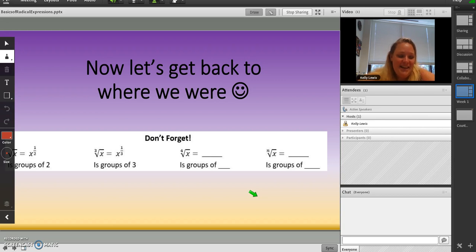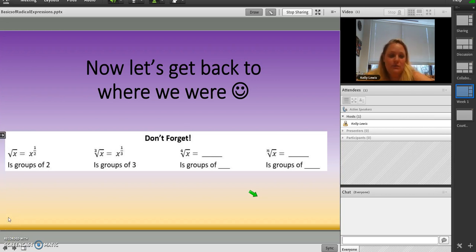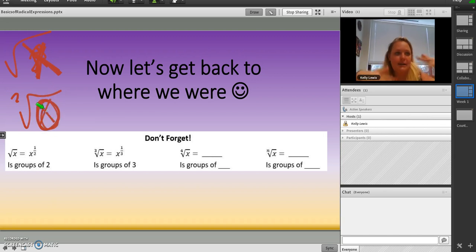All right, and let's go back a little to what we were doing before complex numbers. So square root, no, let's pretend that's an x. Remember there's an invisible 2 there for whatever's in here. It doesn't have to be an x, it could be a 16, a 27, an 81, whatever it is. That's the same as x to the 1/2, and you pull out groups of 2.